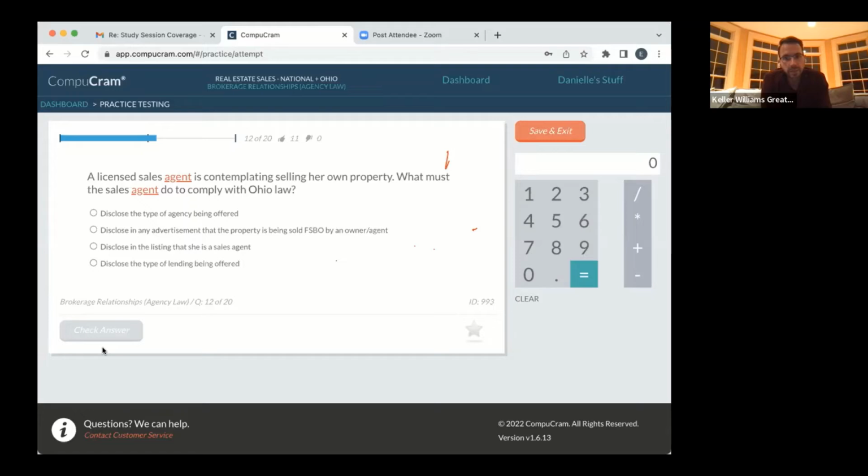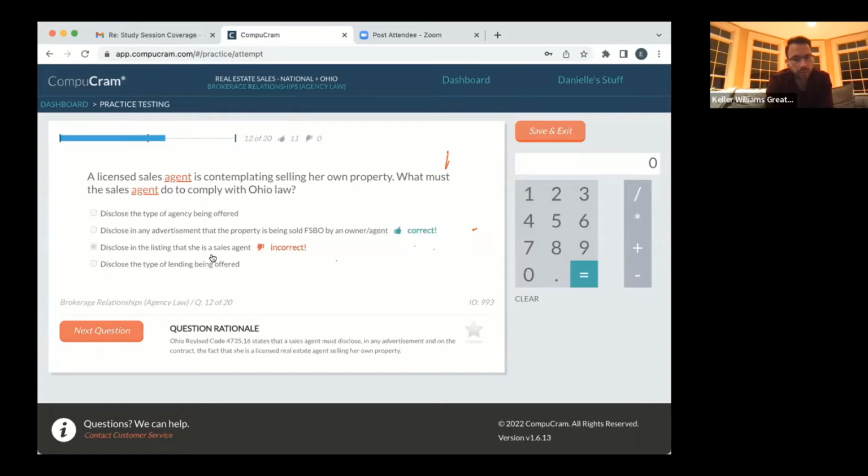C, disclose in the listing that she's a sales agent. Or D, disclose what type of lending is being offered. So it's actually B. No, I am wrong. Disclose in any advertisement that the property is for sale by owner agent.